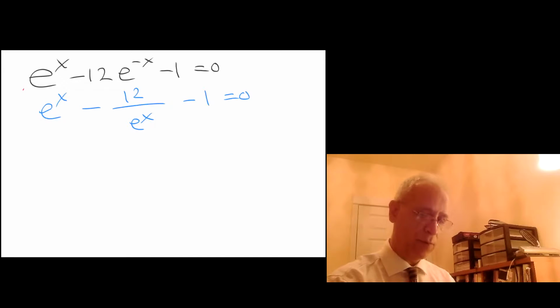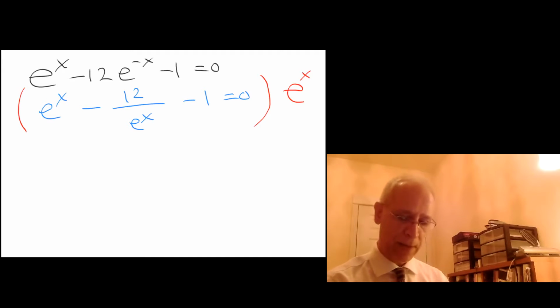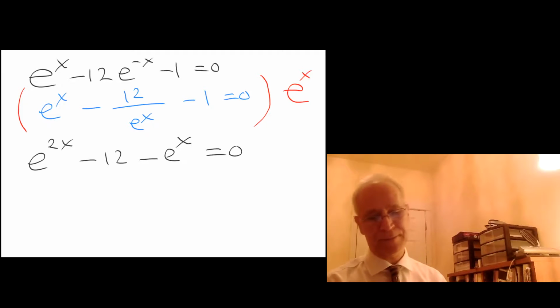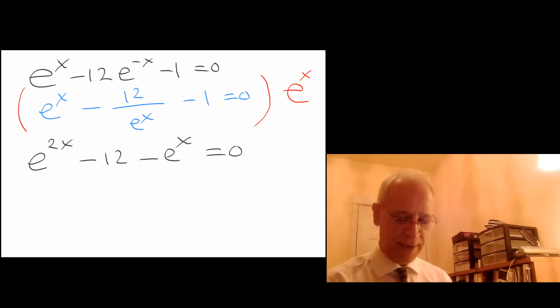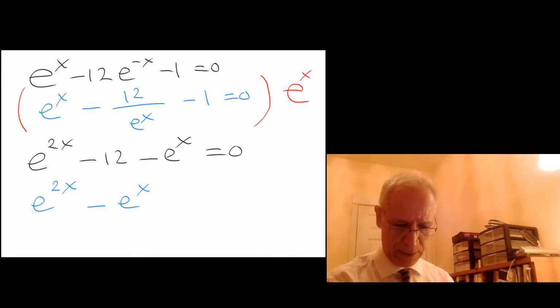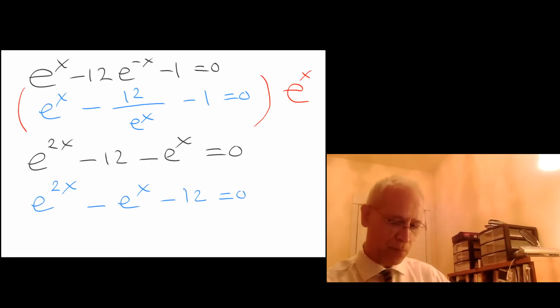And now I can multiply both sides by the LCD, e to the x. That produces e to the 2x minus 12 minus e to the x equals 0. If I rearrange that, I get e to the 2x minus e to the x minus 12 equals 0.